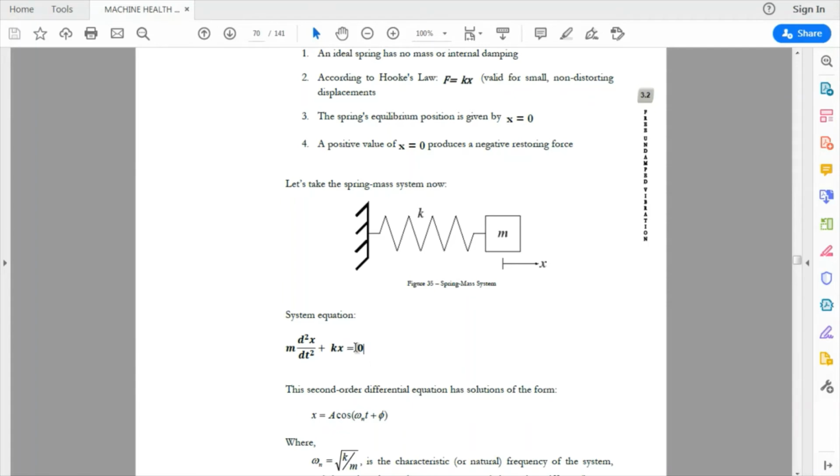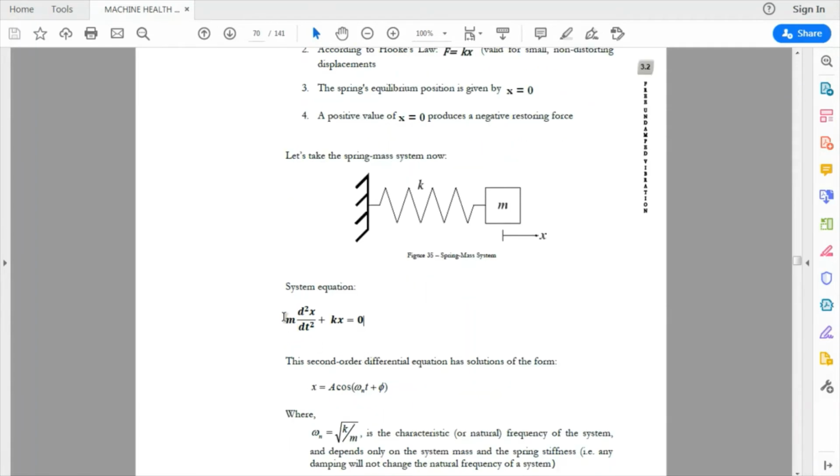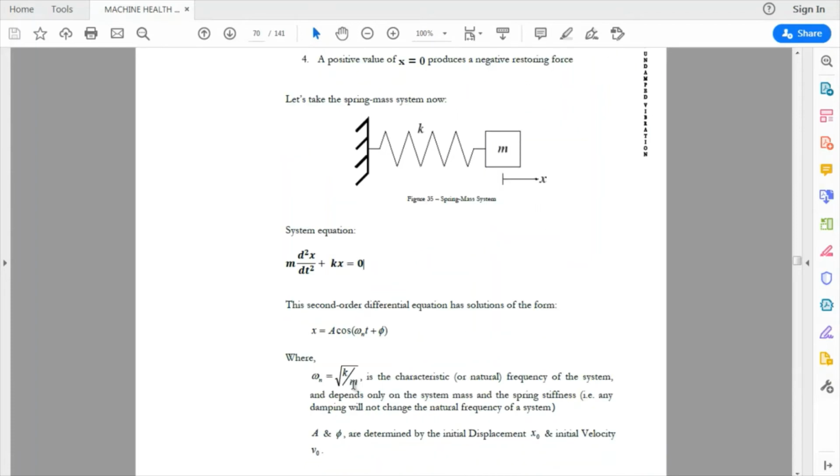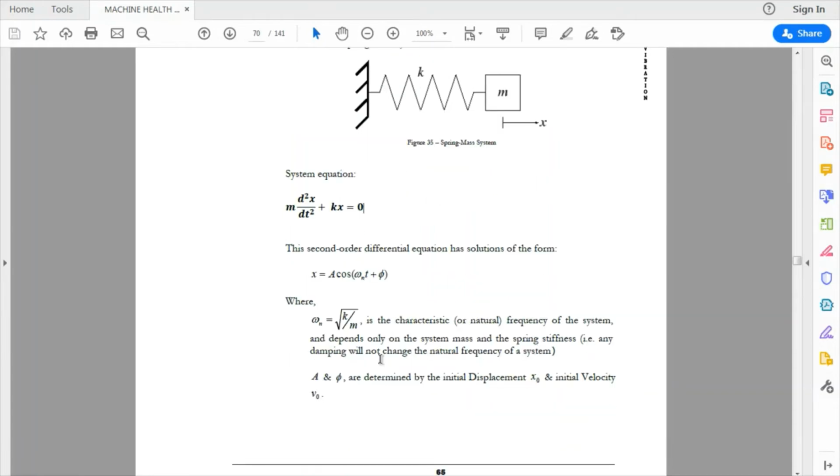The solution of this second order ODE is x, the displacement at any time, equals A, the amplitude, times cosine of omega n, the natural frequency, which is the square root of k over m, multiplied by time, plus the phase shift, if any, depending on the initial conditions and initial velocities.